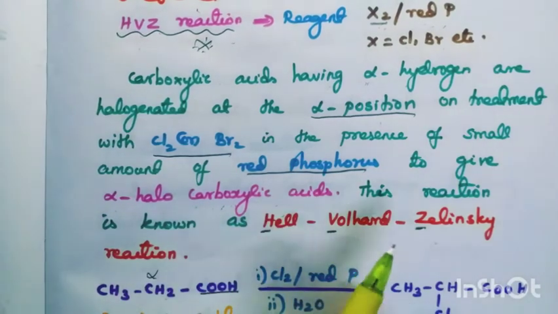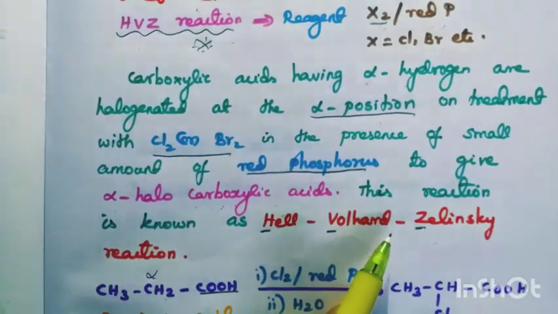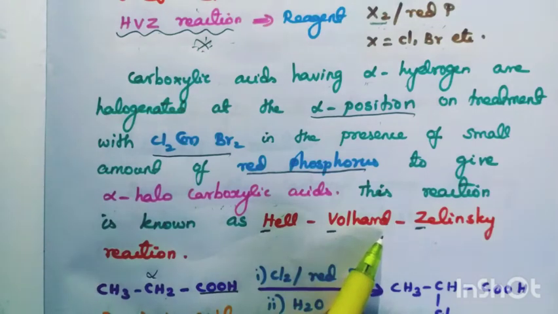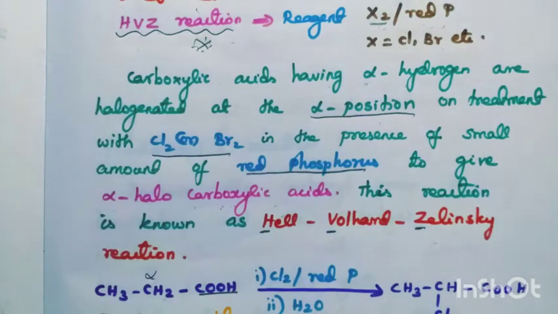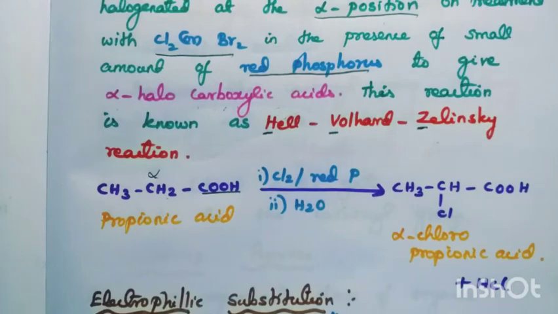So for the HVZ reaction we must know the reagent: halogen with red phosphorus. The chlorine or bromine is added at the alpha position.